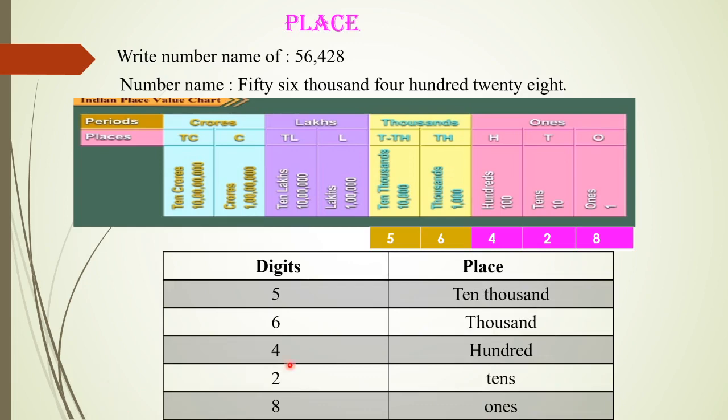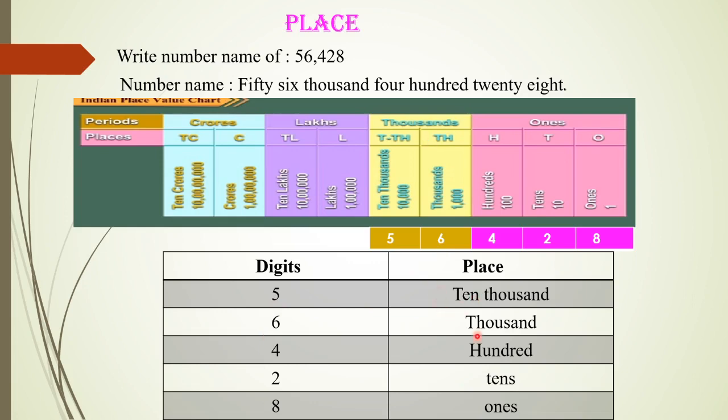For example, the first digit is 5. 5 is at 10,000 position. So the place of 5 in the number 56,428 is 10,000. Then the second digit 6 is at 1000 place.